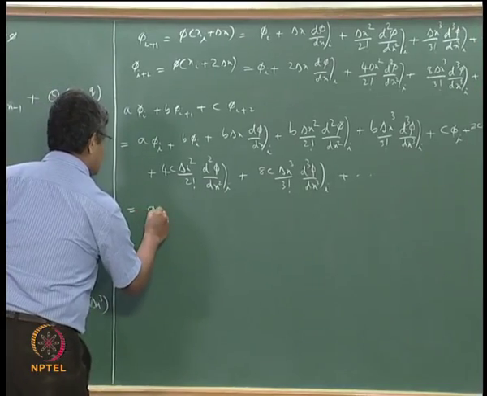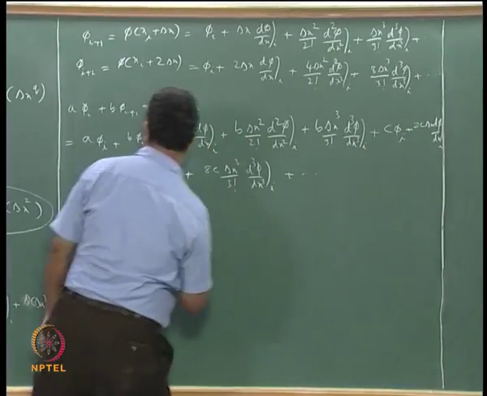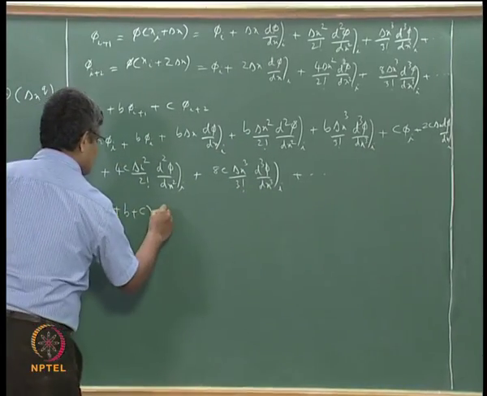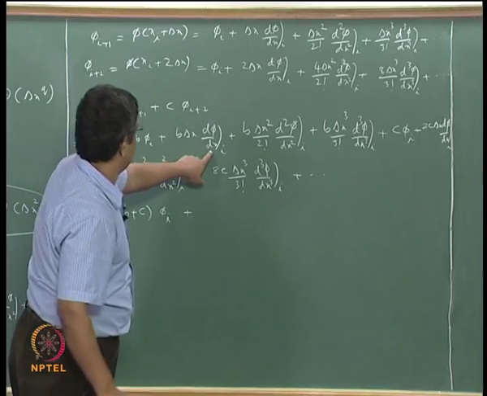So we can write this as a plus b plus c times phi I, and what is the next term? d phi by dx.